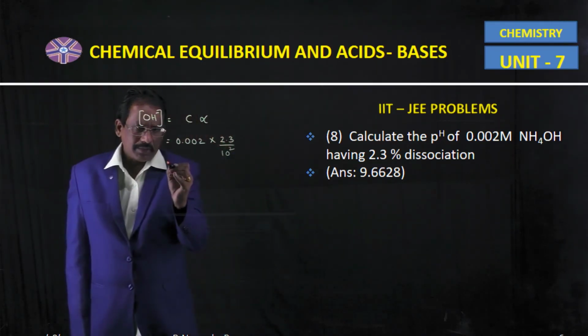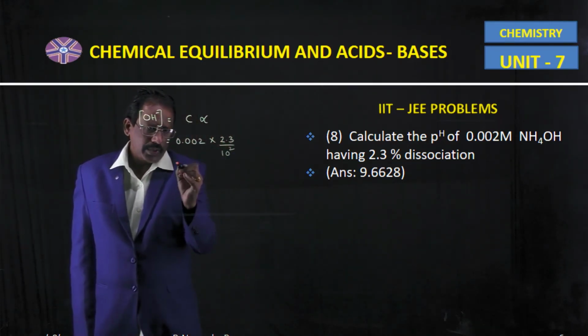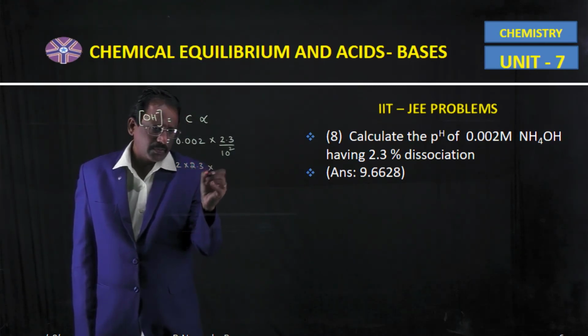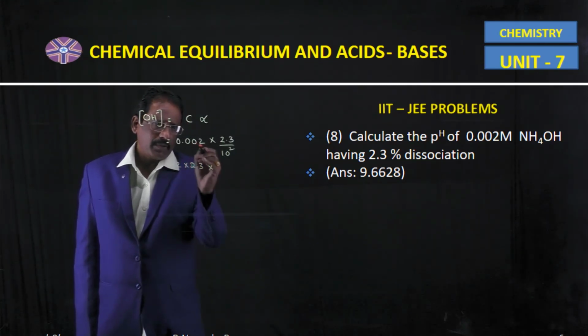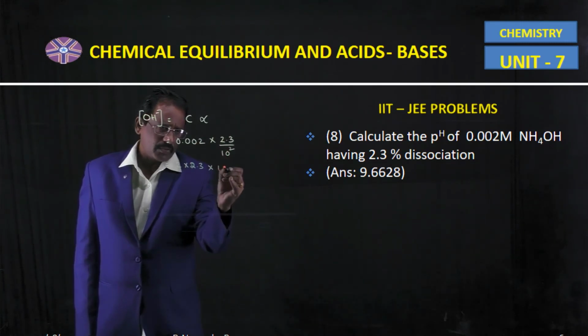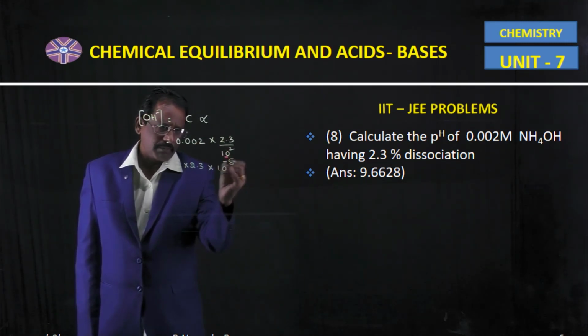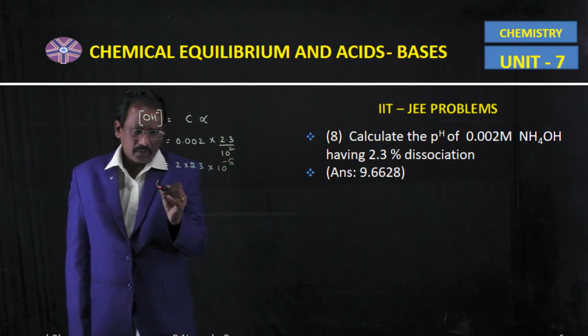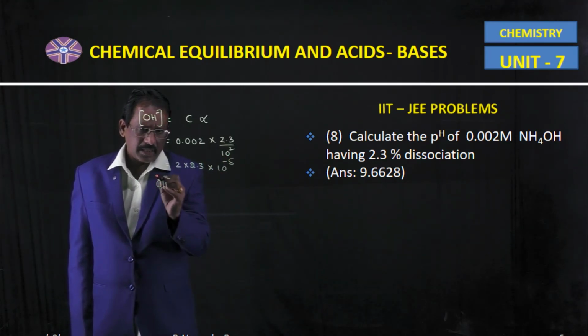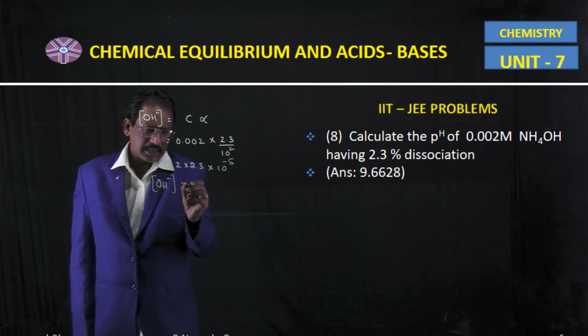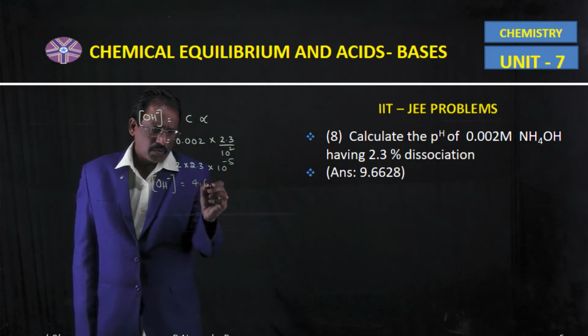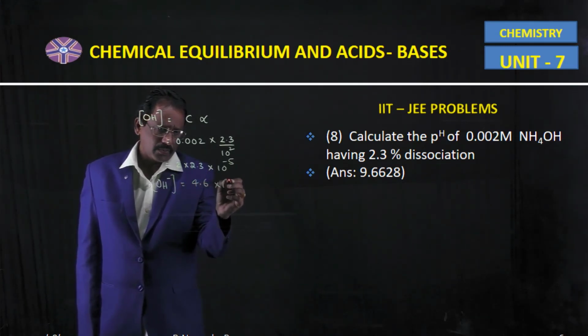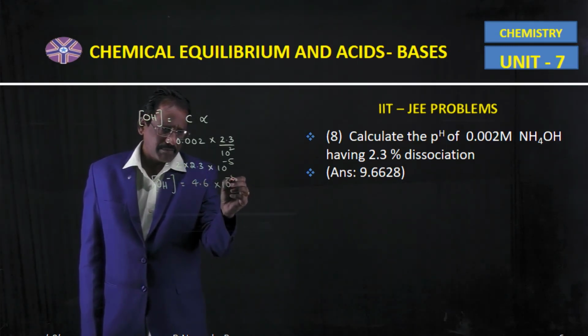So this is equal to 2 into 2.3 into 10 power minus 3, 10 power minus 2, that is 10 power minus 5. So OH minus ion active mass is equal to 4.6 into 10 power minus 5.